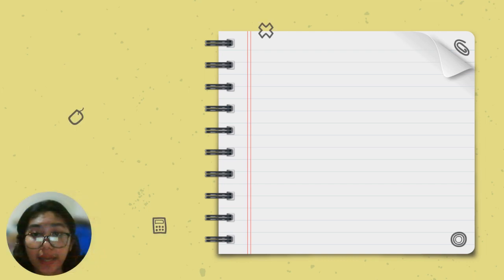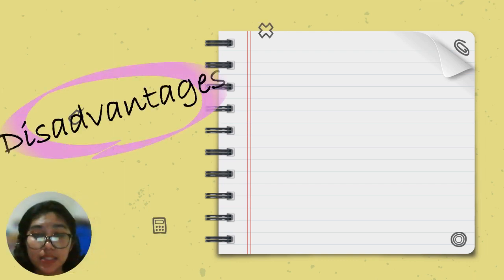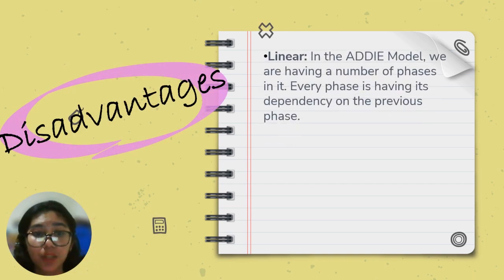On the other hand, we have the disadvantages. The first is that the ADDIE model is linear. We are having a number of phases in it. Every phase has its dependency on the previous phase.